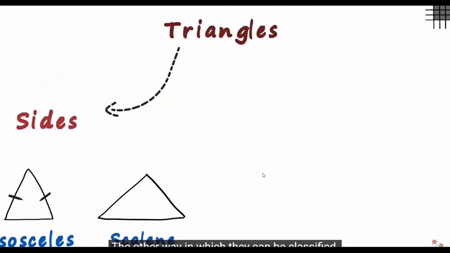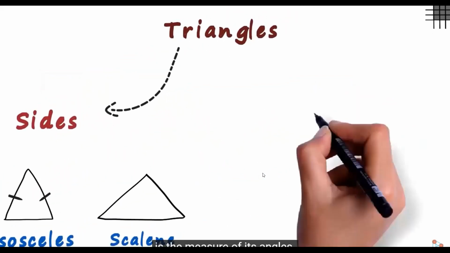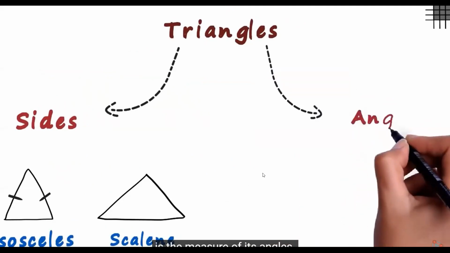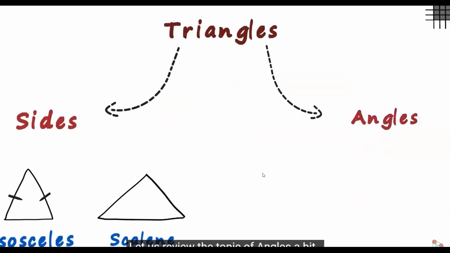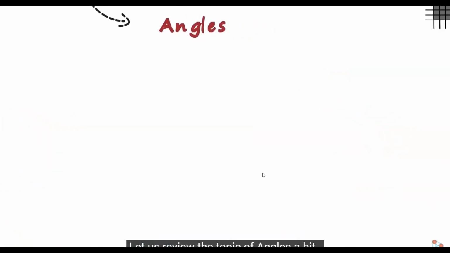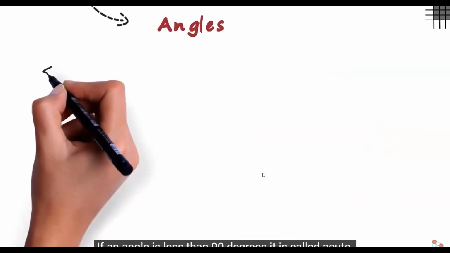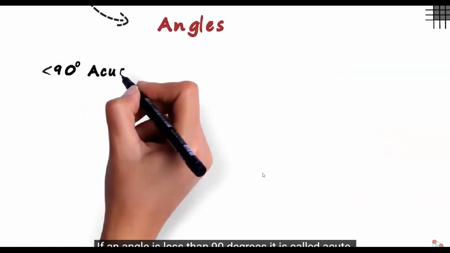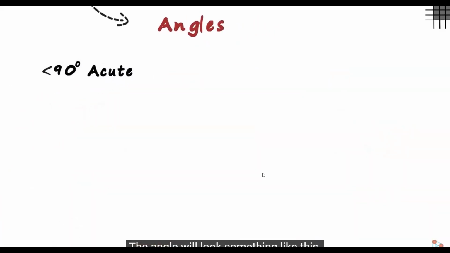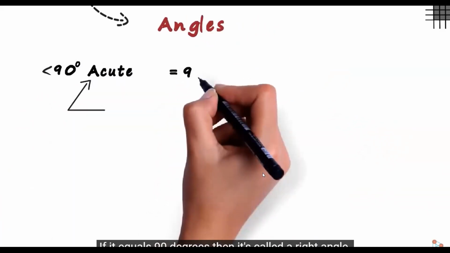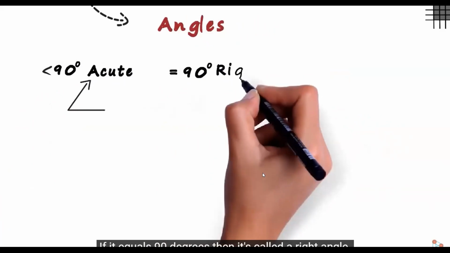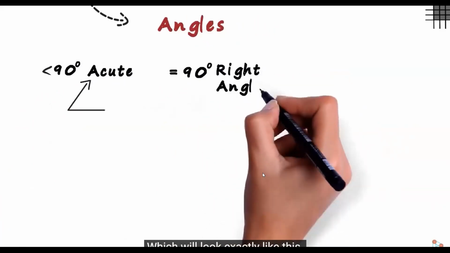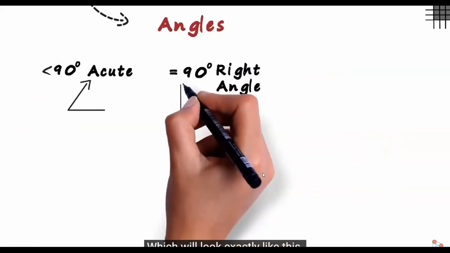The other way in which they can be classified is the measure of its angles. Let us review the topic of angles a bit. If an angle is less than 90 degrees, it is called acute. The angle will look something like this. If it equals 90 degrees, then it's called a right angle, which will look exactly like this.